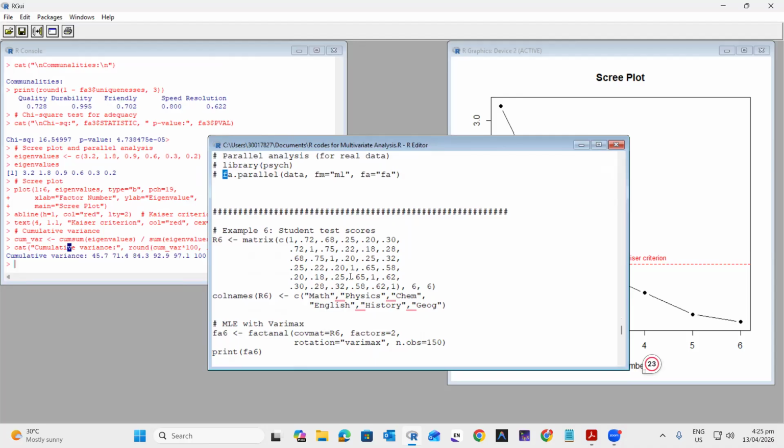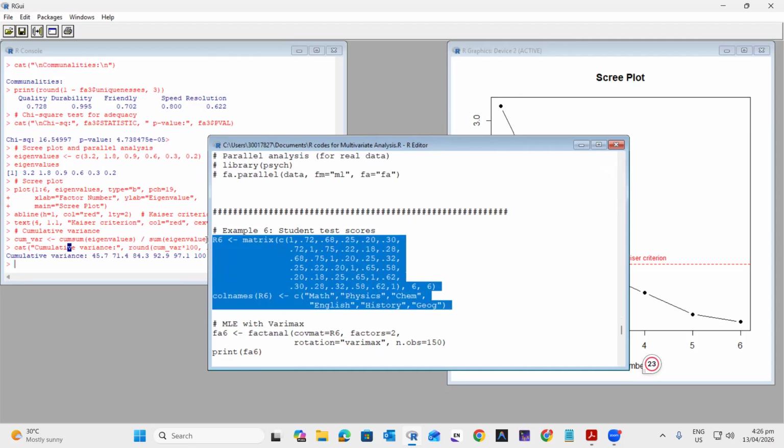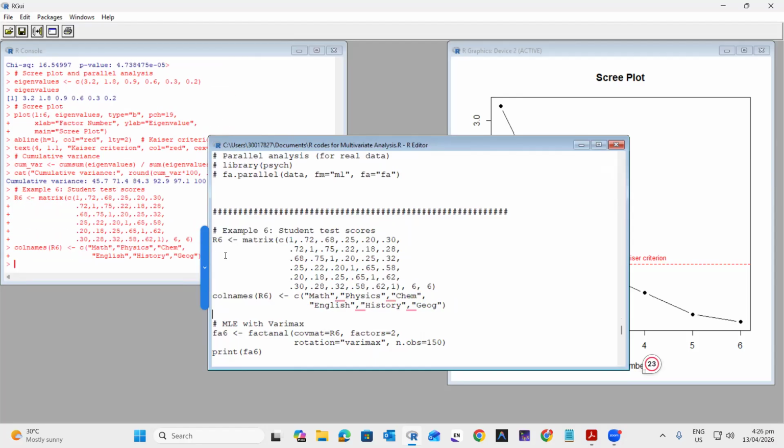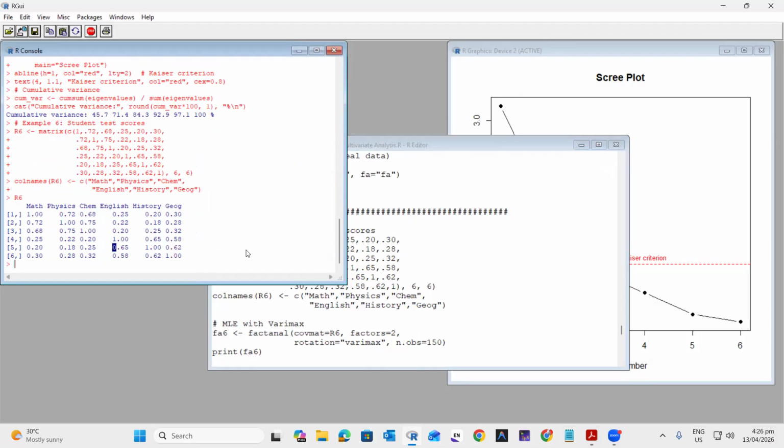Here in R6, we create a 6 by 6 correlation matrix for the student scores. We have the marks of math, physics, chemistry, and English, history, geography. So we are going to see the matrix for our data set, R6.